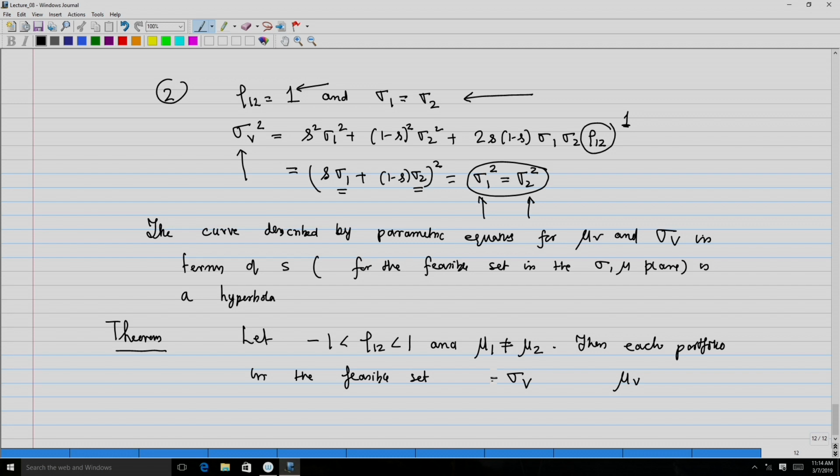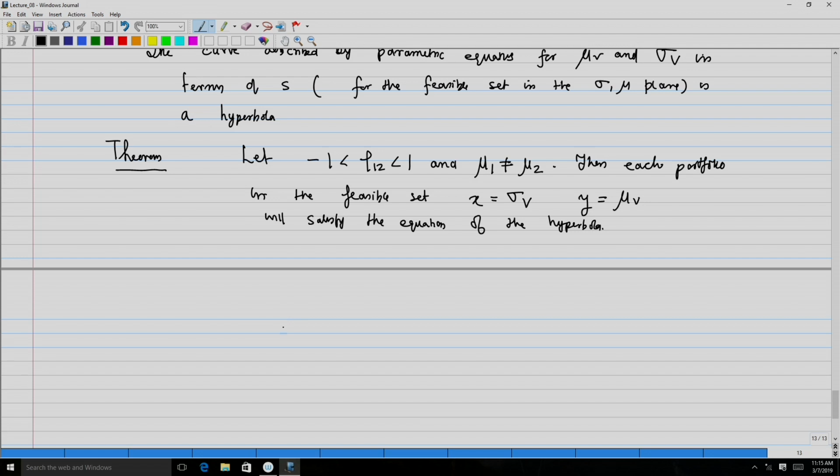I will call this sigma v as x and mu v to be equal to y. So, every portfolio sigma v mu v or equivalently x y will satisfy the equation of the hyperbola given by x square minus a square into y minus mu naught.